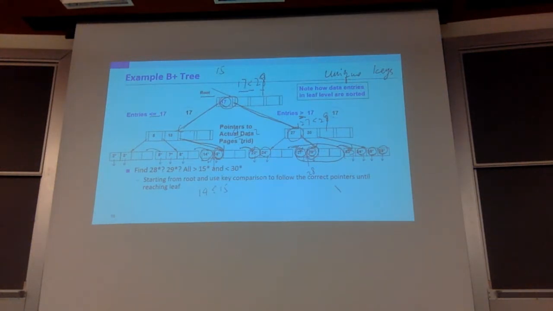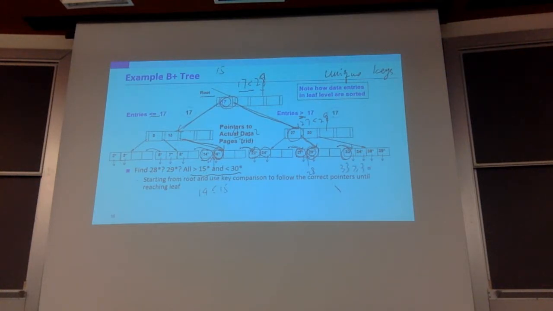And if you have an upper bound, like you are doing greater than 15 and smaller than 30, then basically you do an additional check where you are scanning the leaf pages. So once you end up here, the 33, you find that 33 does not satisfy the condition that it is smaller than 30, right? 33 is greater than or equal to 30.